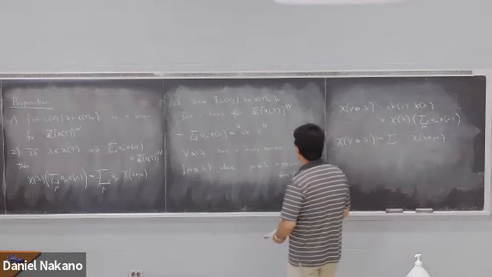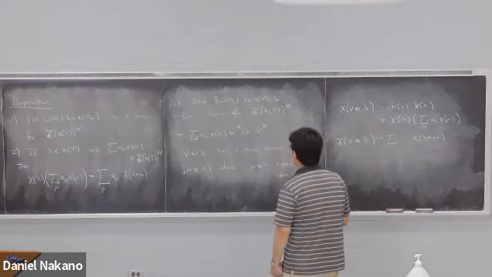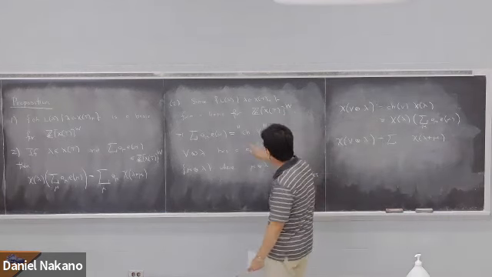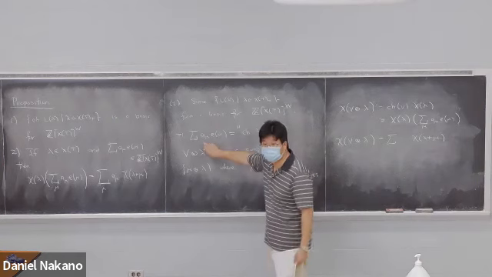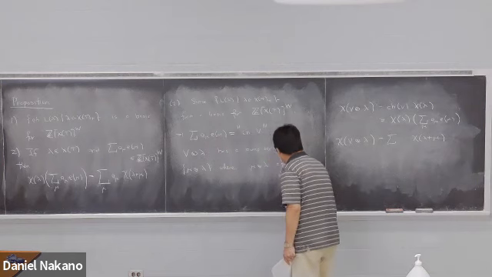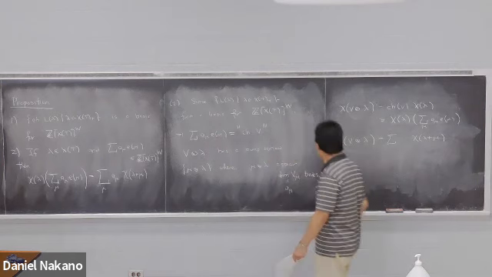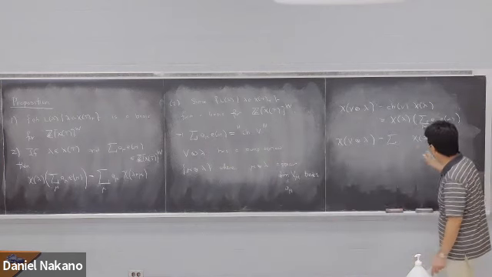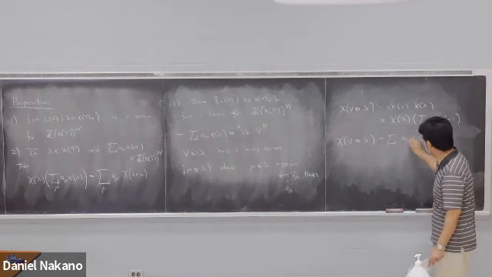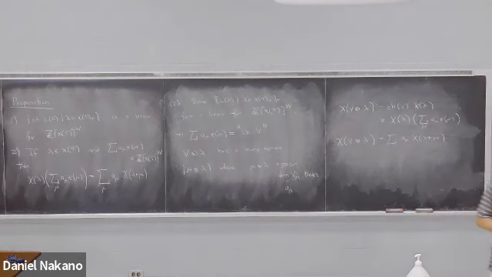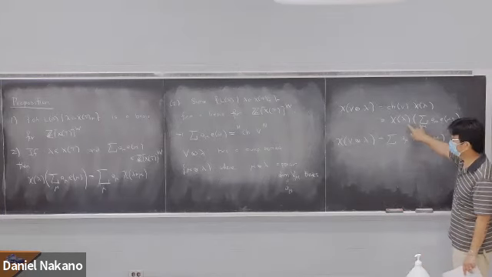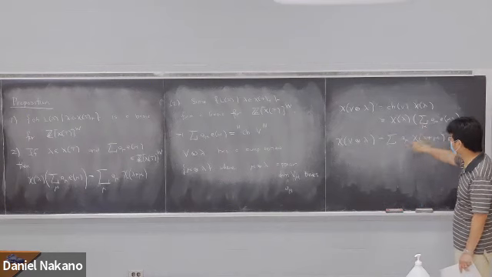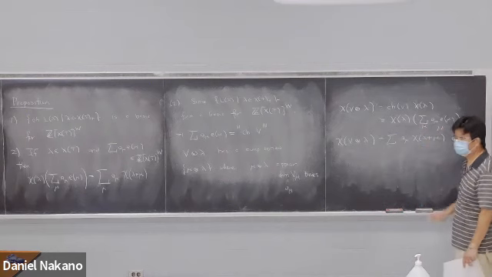So this should be A. The weight space dimensions are equal to A and B, so I should mention that. It's going to appear A times. Right, so now we're done. Here I have this equal to that. So we're good.